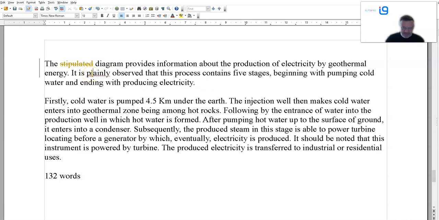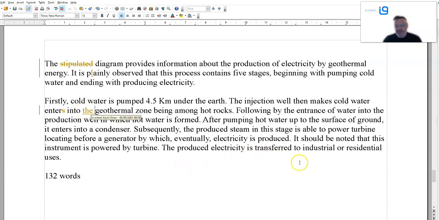It is plainly observed. You mean overall. 5 stages. Okay, so that overview is better. Okay. That makes cold water enter into the geothermal zone of hot rocks, followed by the entrance of water into a production well, in which hot water is formed.